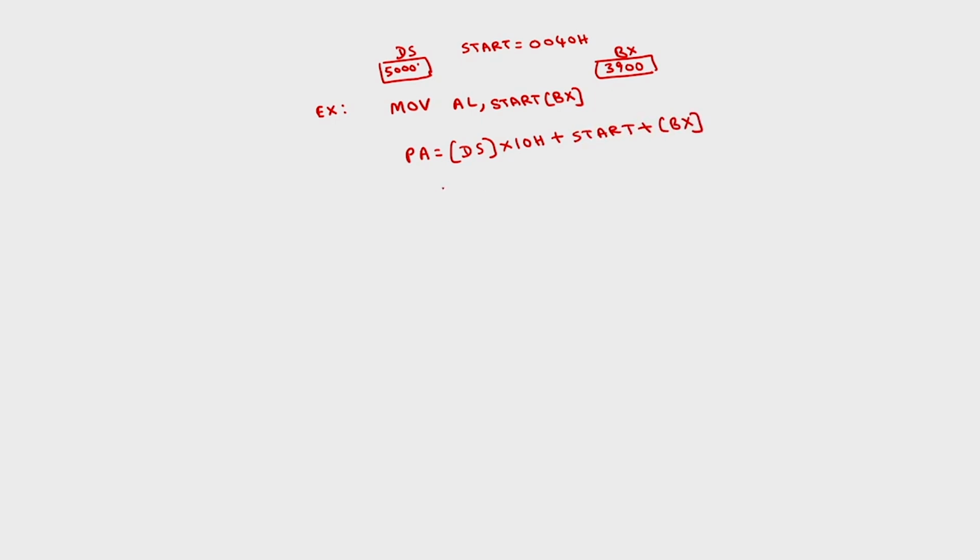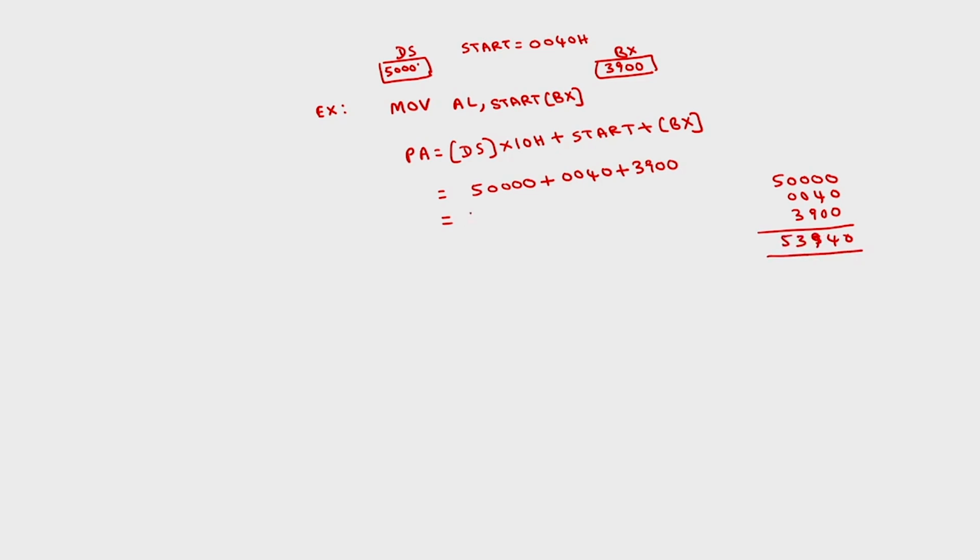So this will be 50,000 plus 0040 plus 3900, which will be 53940.